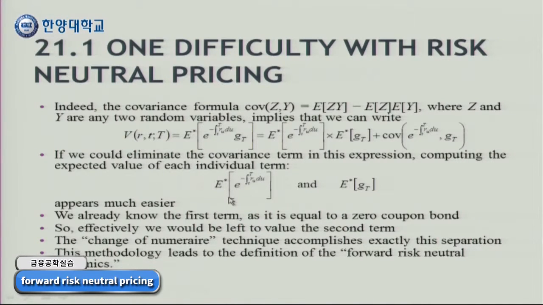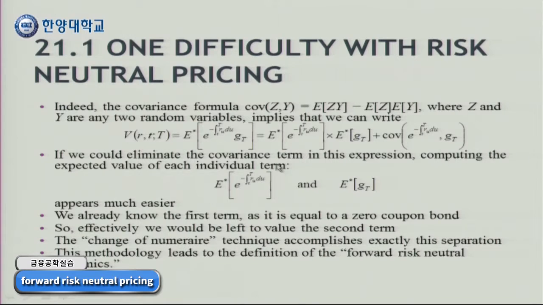This one is simply the zero coupon bond price, right? You can assume that you multiply 1 over here, then it is the price of the contract that pays $1 at time big T, right? Discounted value of $1. So it is simply the zero coupon bond price.